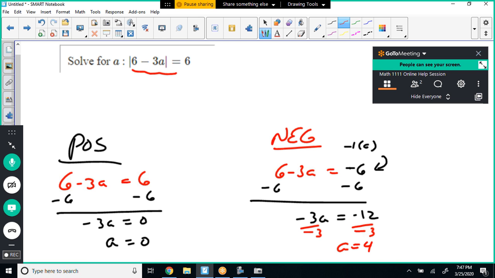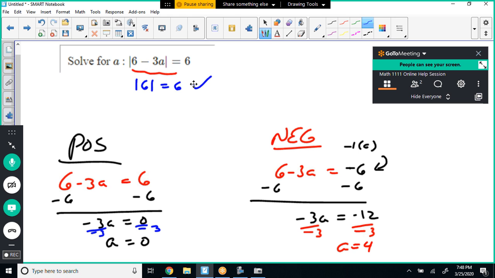I did solve it, I just didn't show it. I can go back and show it. What I want to show you is if I were to plug 0 in here, you would have the absolute value of 6 equal to 6, right? Check.